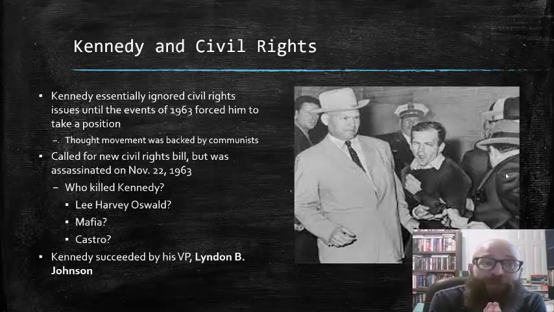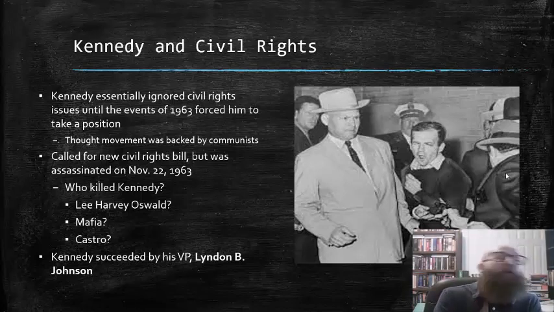Oswald did have some ties to Castro in Cuba and actually had spent some time in Cuba in the early 1960s. And of course, even though the United States had agreed not to try to invade Cuba again after the Cuban Missile Crisis fiasco, that did not mean that the CIA stopped trying to assassinate Fidel Castro. And there have been at least 50 to 60 documented attempts by the United States on Castro's life in the 1960s.